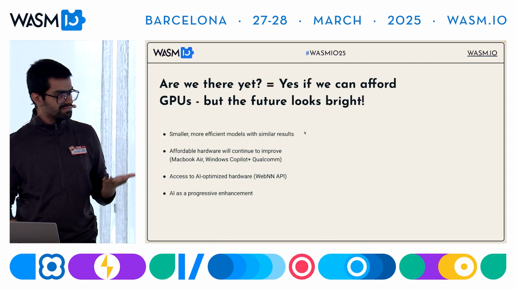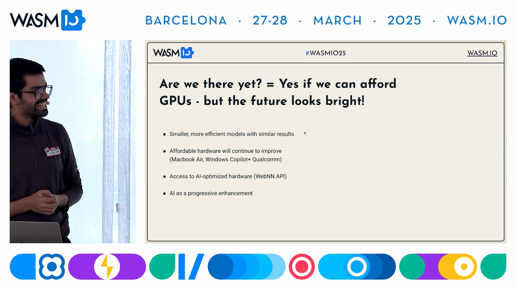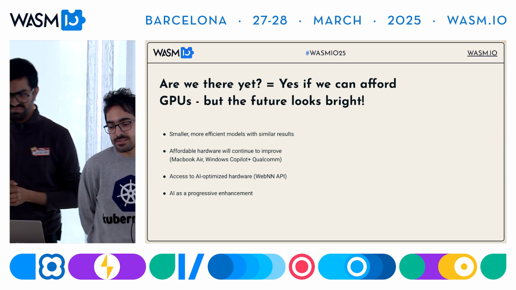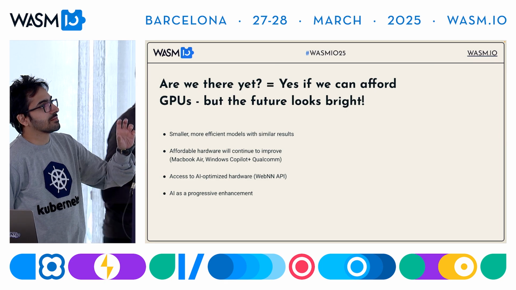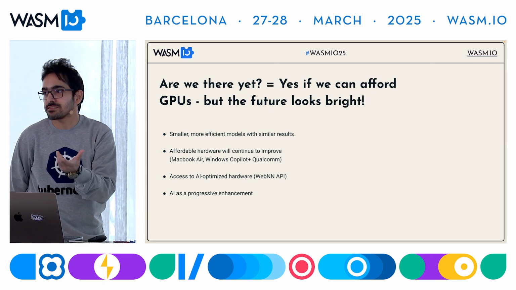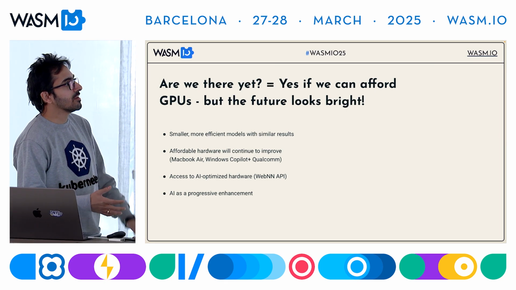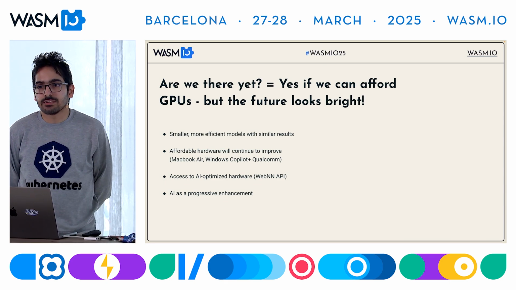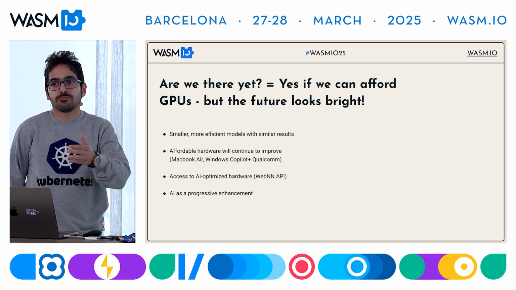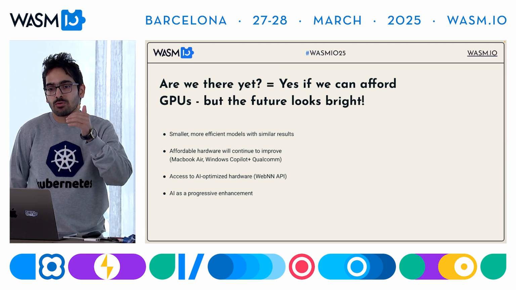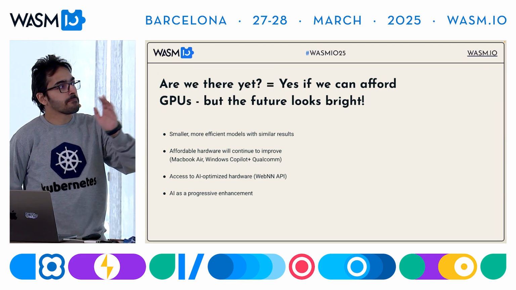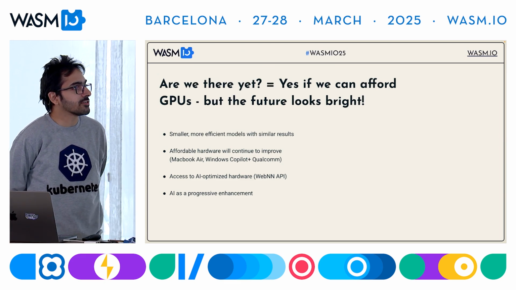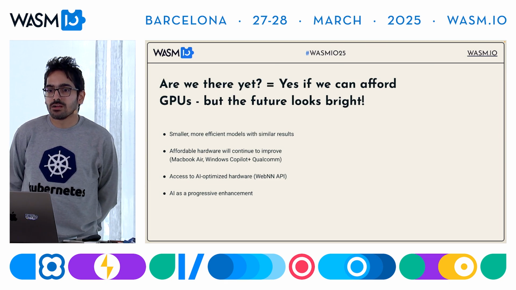So probably, Saiyam, if you want to talk about, are we there yet? Yeah, so basically we have models, but we need to quantize them if we want to run them in the browsers. So smaller, more efficient models with similar results. Hardware is something that obviously we want to run in a private mode, privacy first, which is where affordable hardware will continue to improve. So we'll have more and more chips.